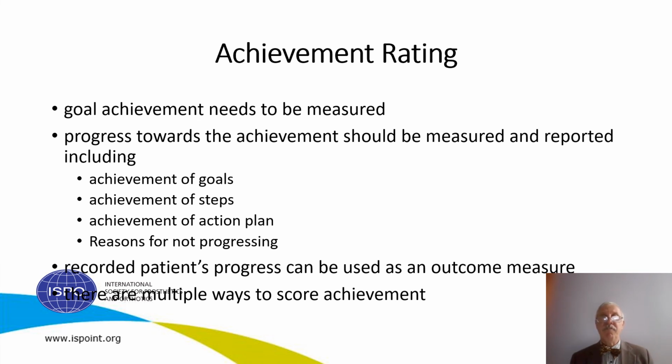Then we should have an achievement rating. We should measure the goal achievement. Progress towards the achievement should be measured and reported, including the achievement of the goals themselves, the achievement of any intermediate steps, the achievement of the action plan, and if there is little or no progress, reason for not progressing should be recorded.